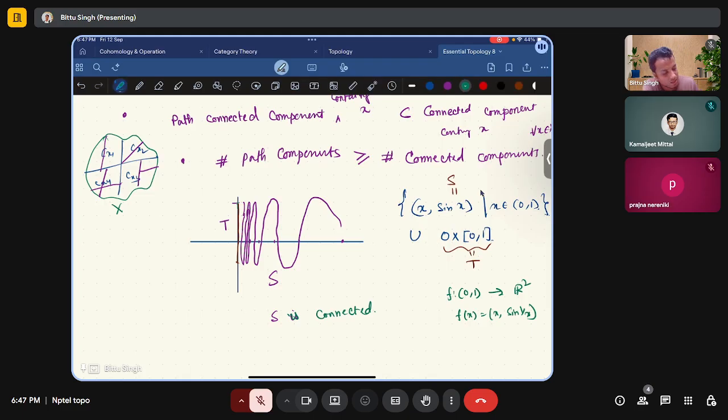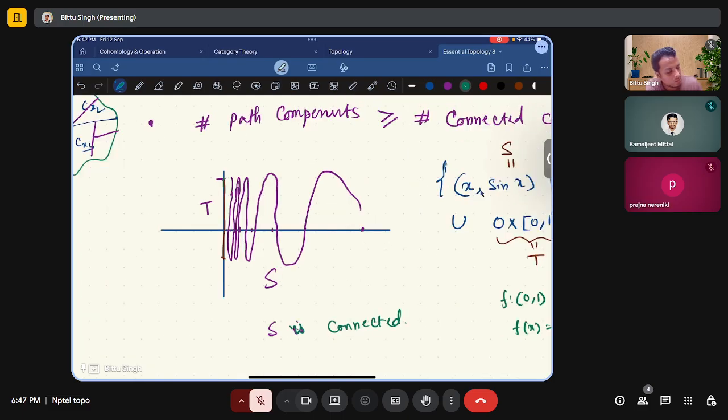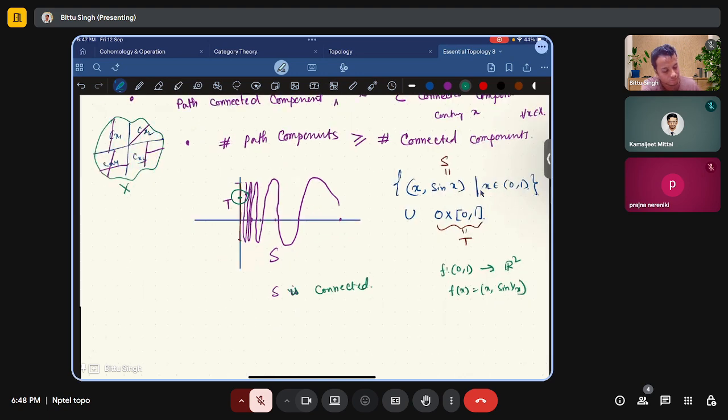So explicitly I can also write an element. For example, take some point like this, and take any open ball around this point.